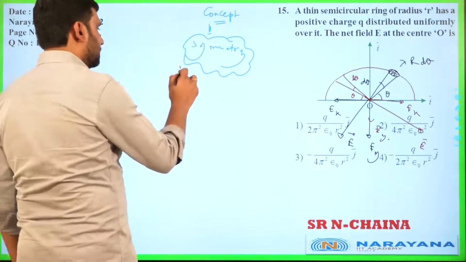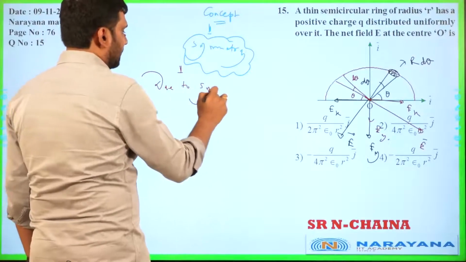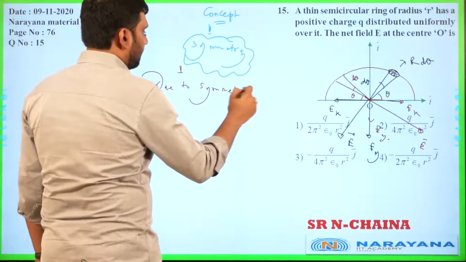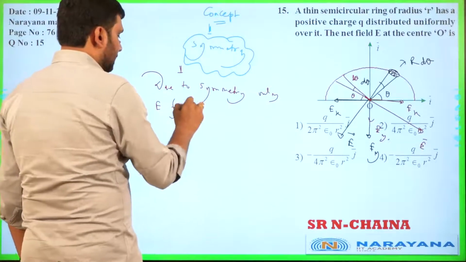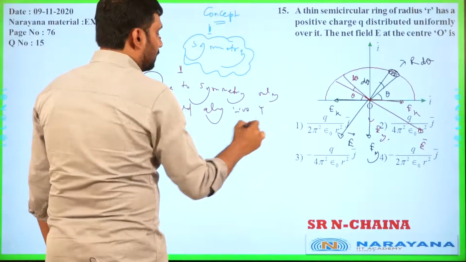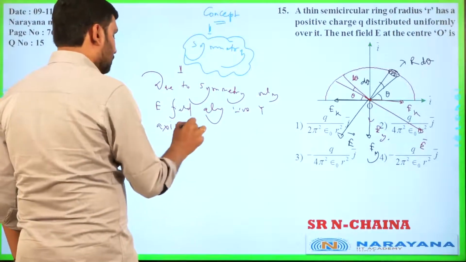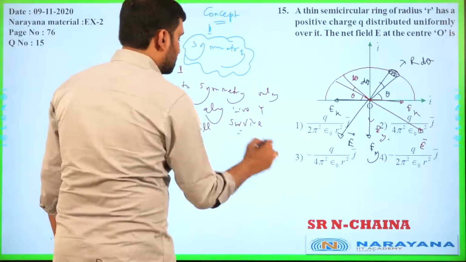So, due to symmetry, only electric field along negative y axis will survive. That's it.